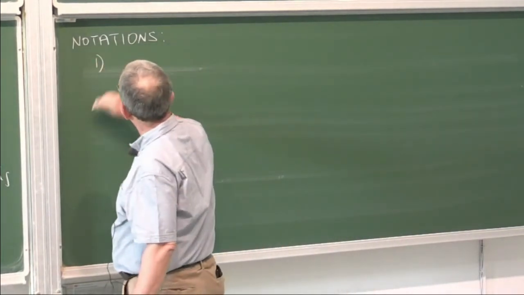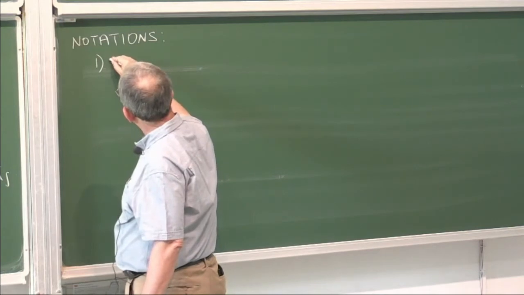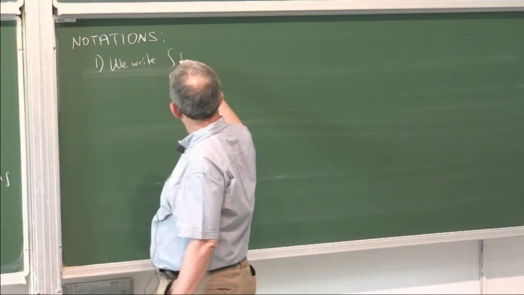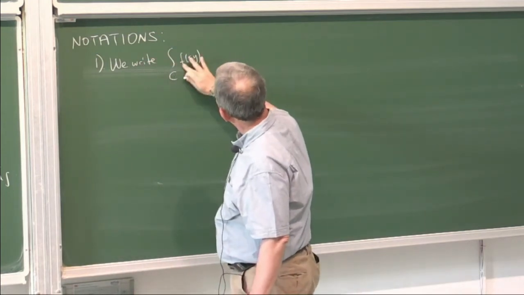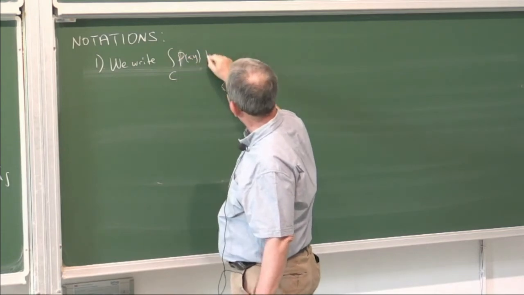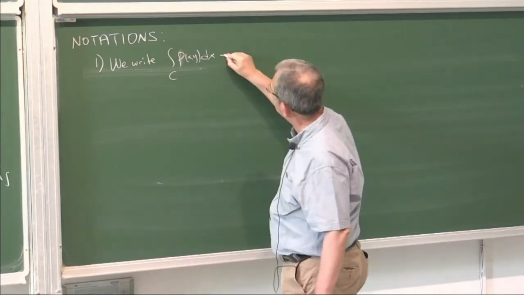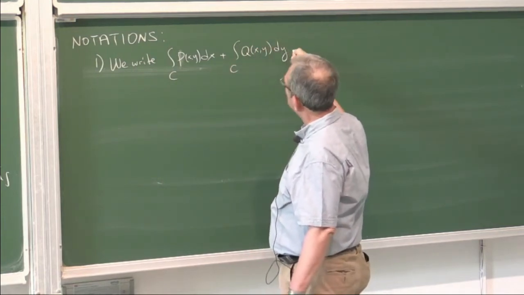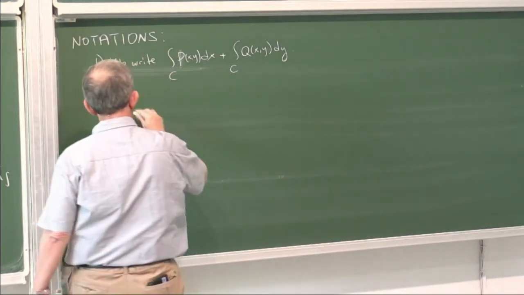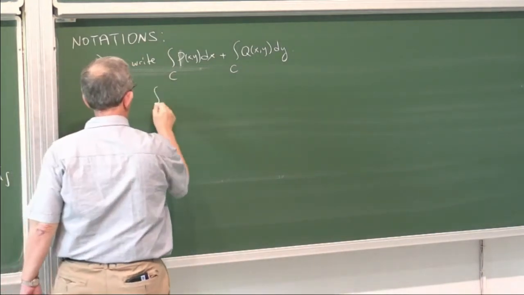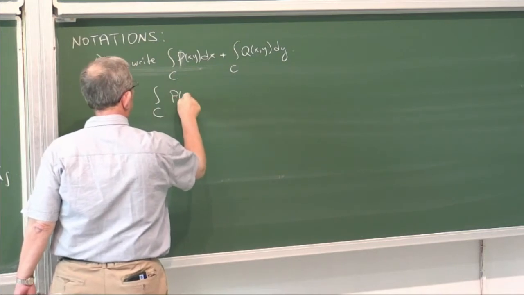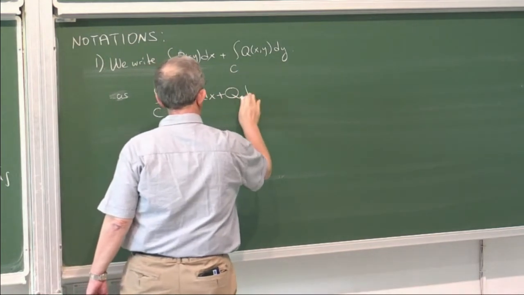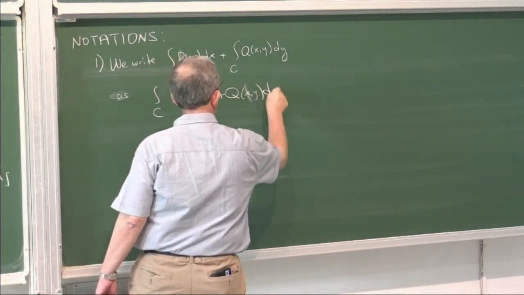So first of all, we write the integral with some function f, rather let me put P here, that's the more usual notation, plus another function Q dy, as the integral over C of P(x,y) dx plus Q(x,y) dy.